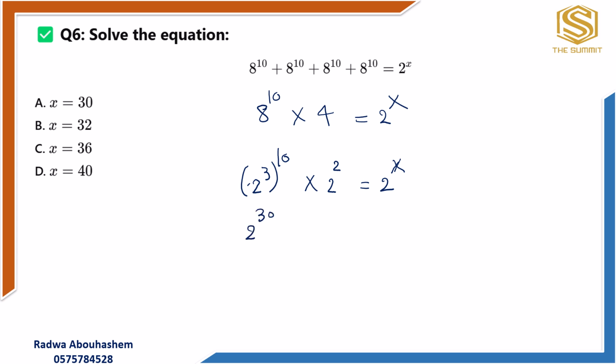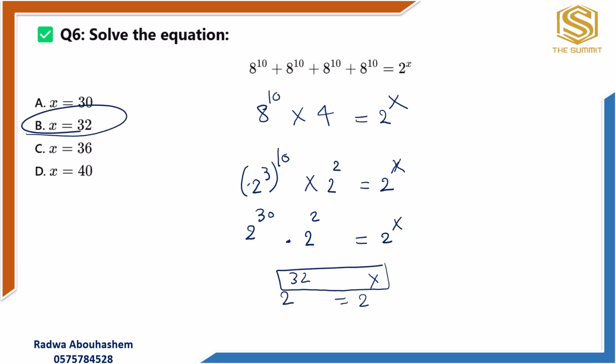Power 30 times 2 to the power 2 equals 2 to the power x. When we multiply, we add the powers. So 2 to the power 32 equals 2 to the power x. This means that x equals 32.